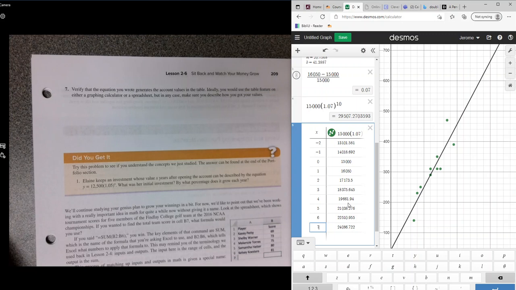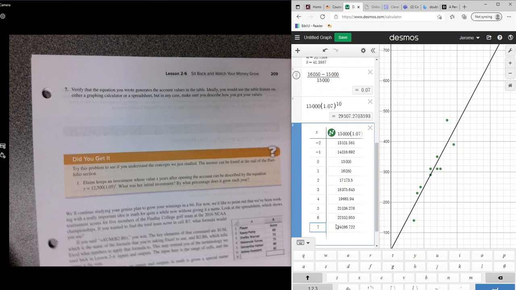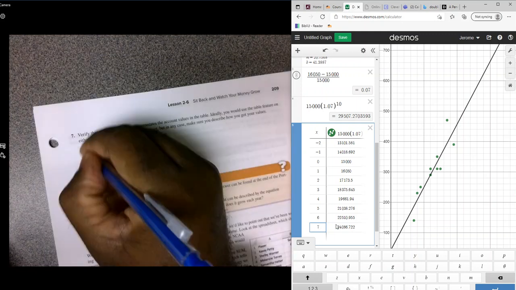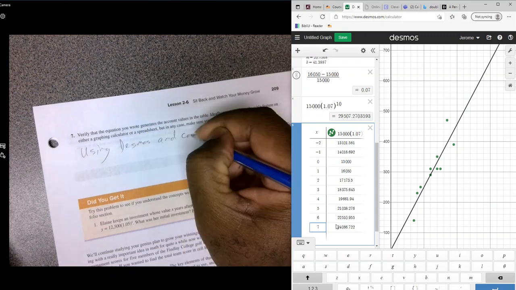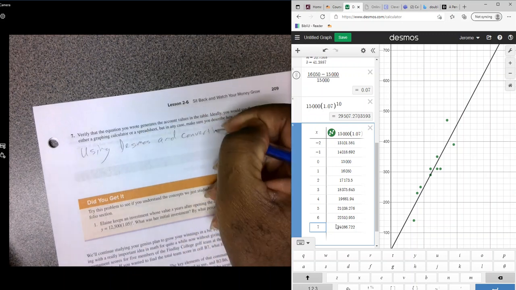All right, now it asks us to describe it. We could say using Desmos and converting the equation to a table, we get the same results.